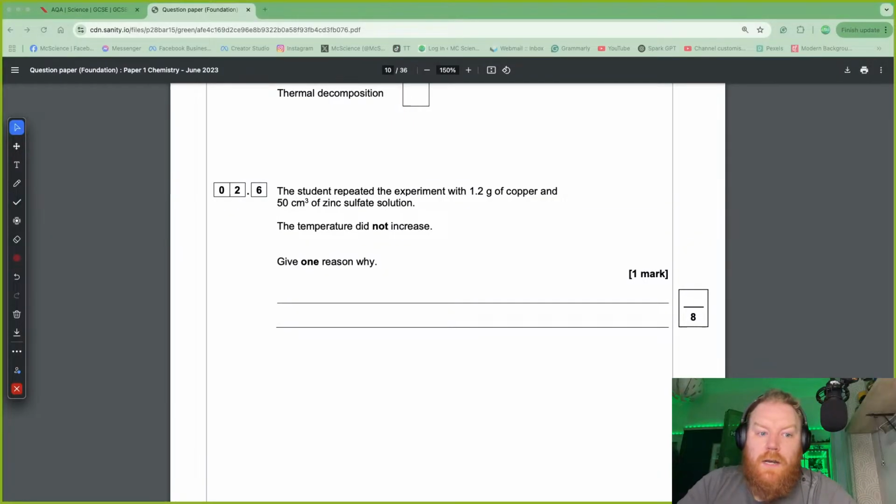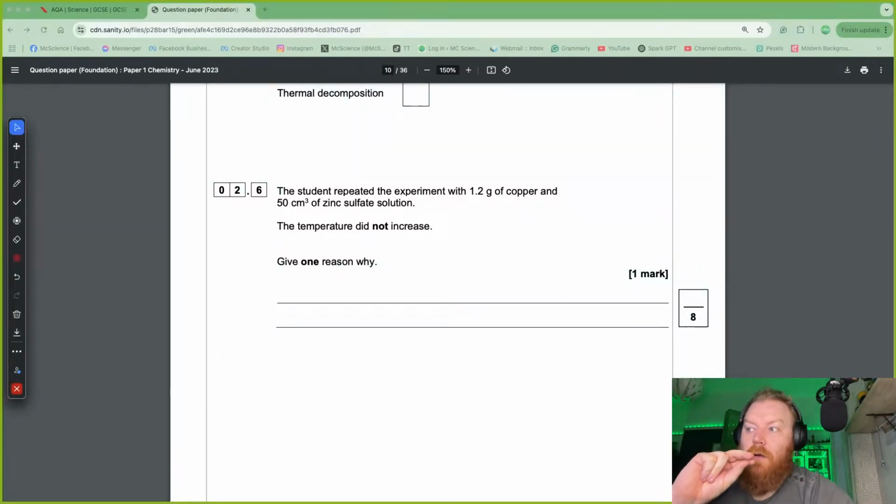When we're looking at the reactivity series in class, you would have been shown a long list of metals, all in order. Normally, carbon and hydrogen are positioned somewhere around there. And the teacher would have said anything above carbon, we normally use electrolysis. Anything below carbon, we would use carbon as our displacement reaction.